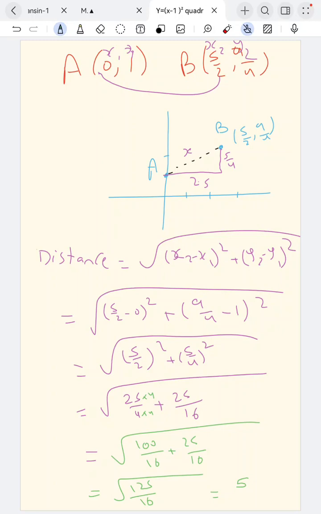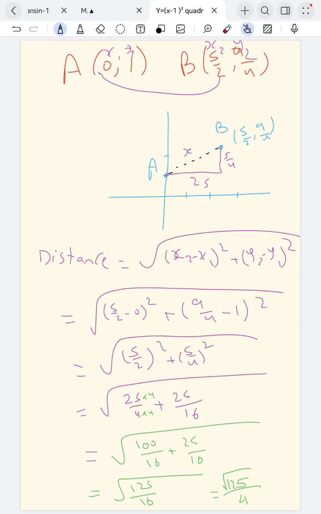Do we have a square root of 125? No. So I'll keep it as it is: the square root of 125 over the square root of 16, which is 4. Okay, so we can just get the answer now using the calculator.